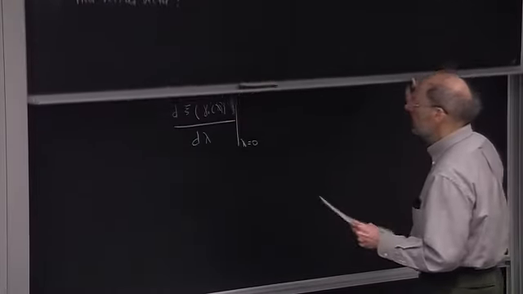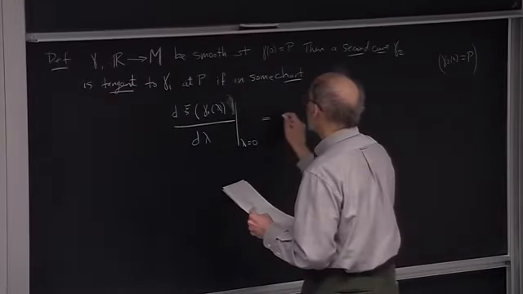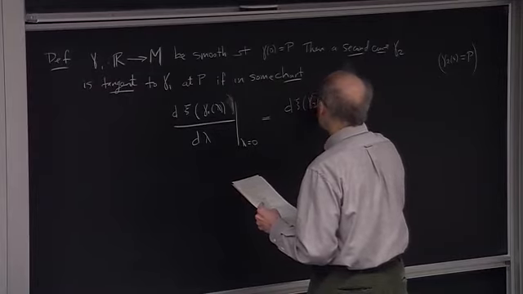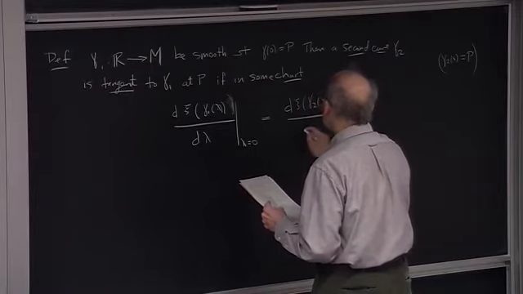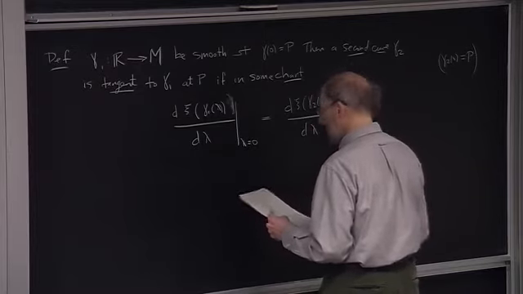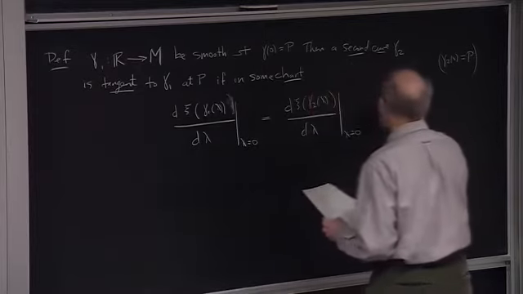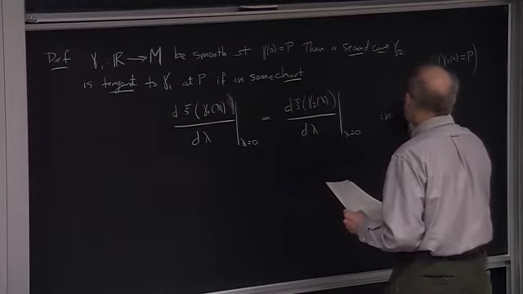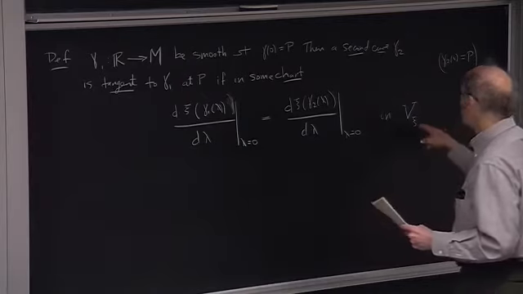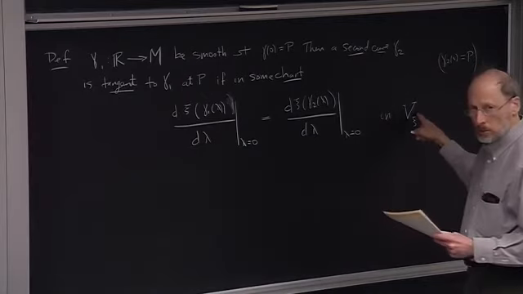Two curves through p, if it's equal to the same for 2, so dc of gamma 2 of lambda over d lambda at lambda equals 0. And both sides of this equation are vectors in the vector space that belongs to that chart.